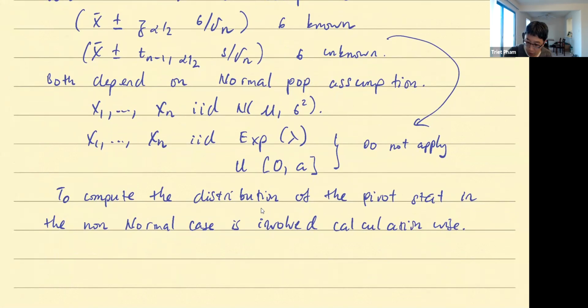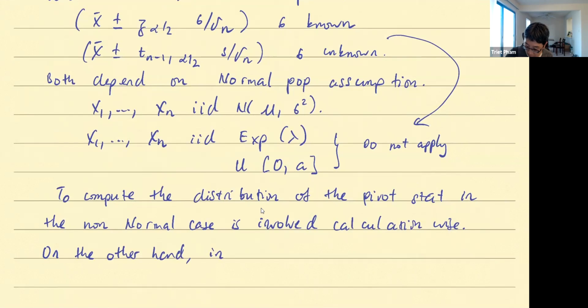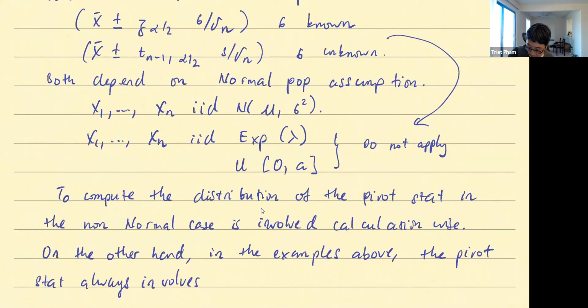On the other hand, in the non-normal case in the examples above, the pivot stat always involves X bar.